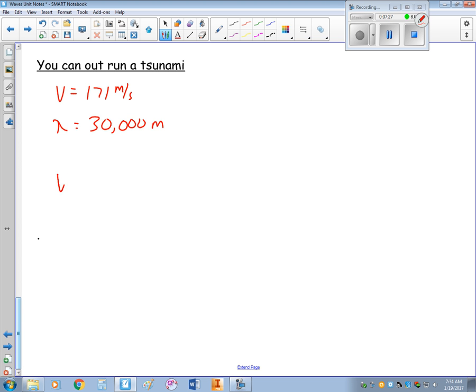Velocity for a wave equals the wavelength divided by the period. So I can say period equals wavelength divided by velocity. So I take my 30 kilometers, divide that by that, and I get 175 seconds.